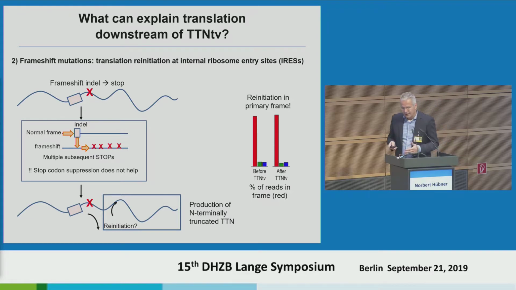So there are different scenarios that we could appreciate, and we could say, okay, there is a frameshift mutation and a reinitiation after the frameshift mutation, after the stop mutation, and that could result in reinitiation of the protein beyond the stop, and then we would have the production of an N-terminally truncated titin truncating variant.